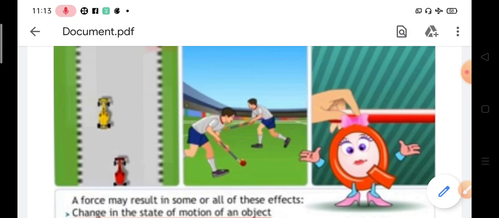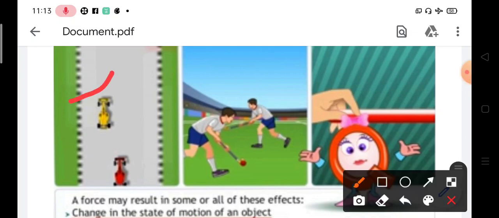What happens when brakes are applied to a moving car? Here the car is moving, and what happens when the brake is applied? The car slows down because the speed of the car becomes slow. When you apply brakes, the force acts on all four wheels of the car, due to which the car slows down.